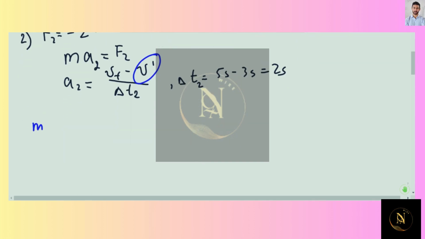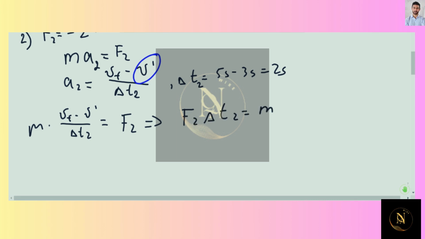Again, mass multiplied by (v final minus v prime) over delta t2 equals F2. Then F2 multiplied by delta t2 equals mass multiplied by final velocity minus mass multiplied by v prime. So mass multiplied by v prime equals mass multiplied by the final velocity minus F2 multiplied by delta t2.